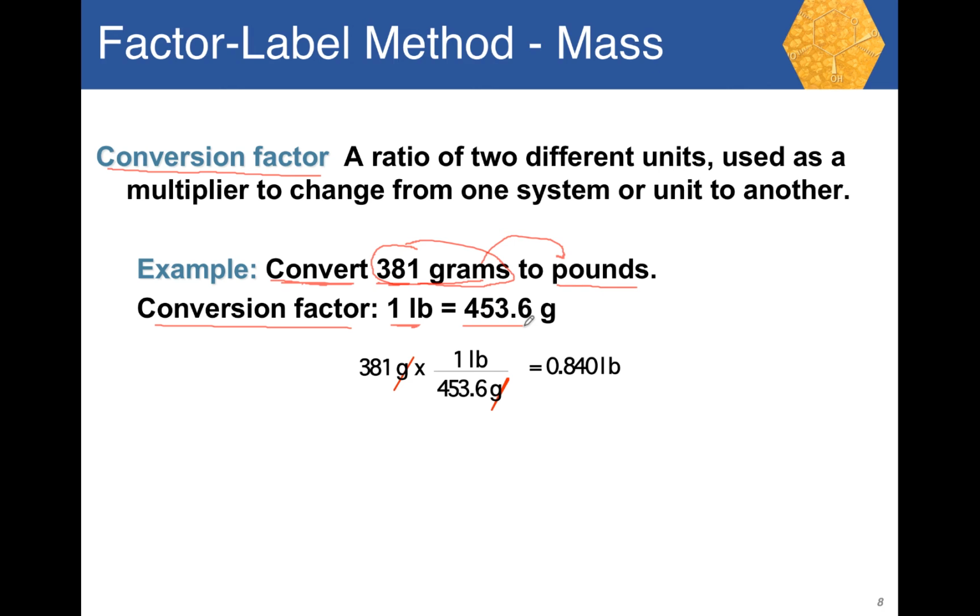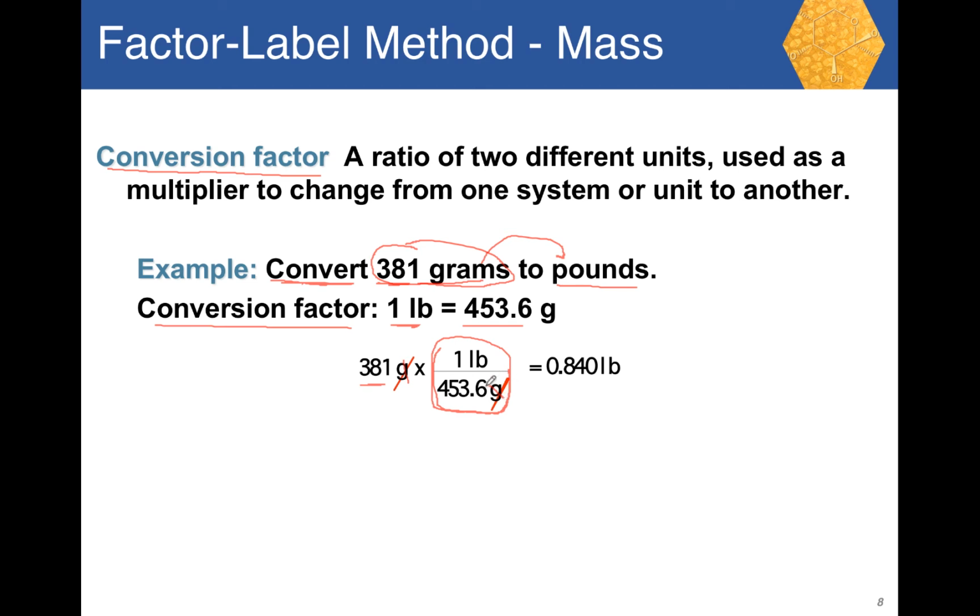If it's not given, you ask for it, because that's the only way you can make that conversion. To make that conversion, you'll have to set up your equation like this. Notice this is the conversion factor: 1 pound over 453.6 grams. What's given here is 381 grams. So here's the aspect of importance. The grams here will cancel grams here. So units cancel just like numbers.